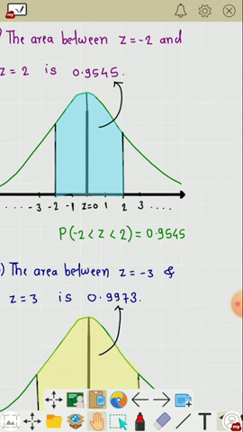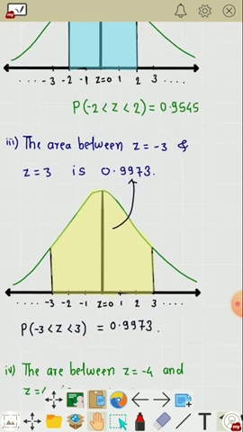Therefore the probability of variable z which lies between 0 and 2 is equal to 1/2 into 0.9545, so half area. Similarly, the probability of variable z from -2 to 0 is half of this area. Now let us go to the next area.